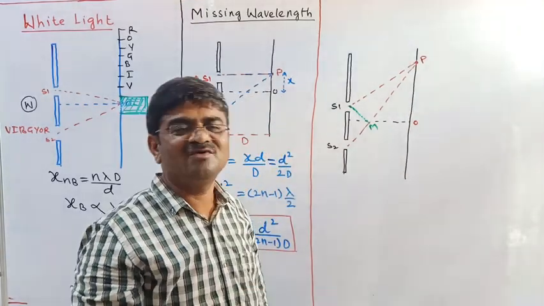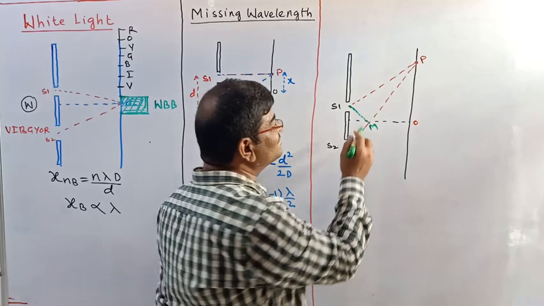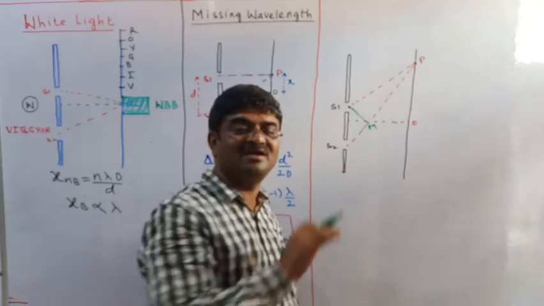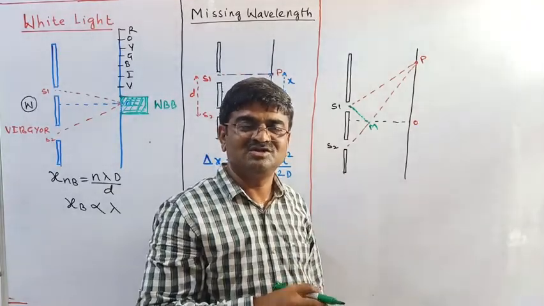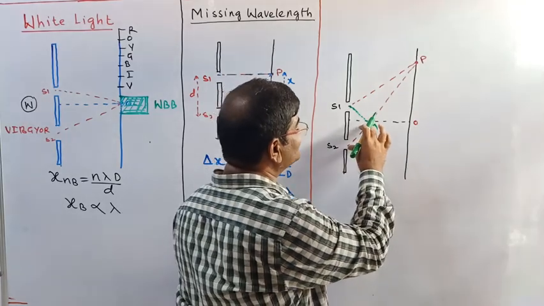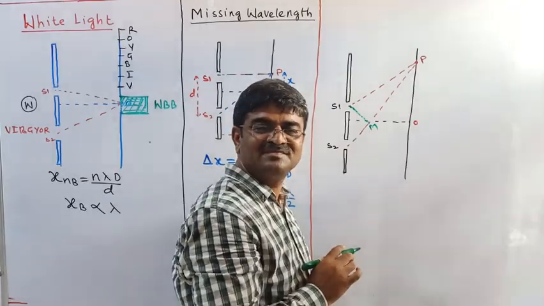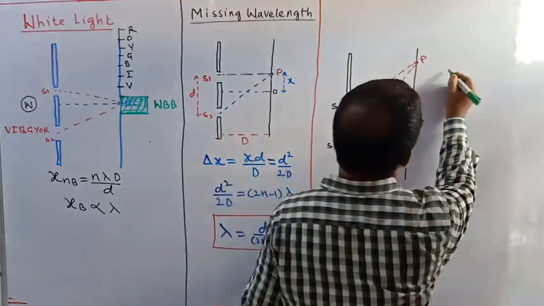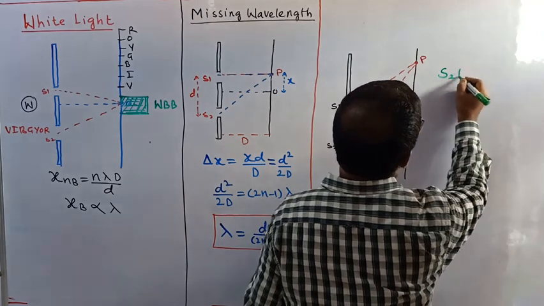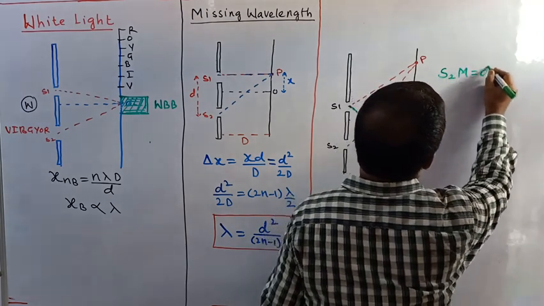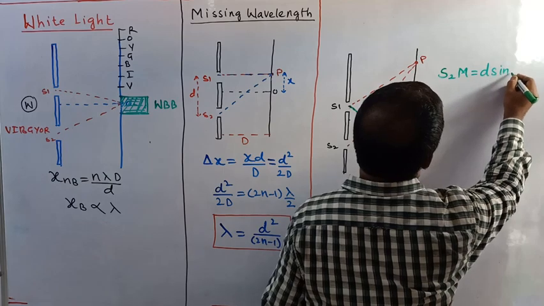So whatever path difference you have between them is in arriving at this perpendicular plane. So naturally, the path difference here is this S to M. And that path difference S to M, if you work it out geometrically, you get as d sine theta.